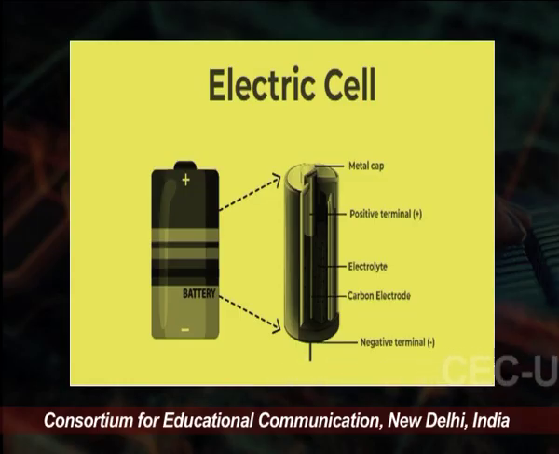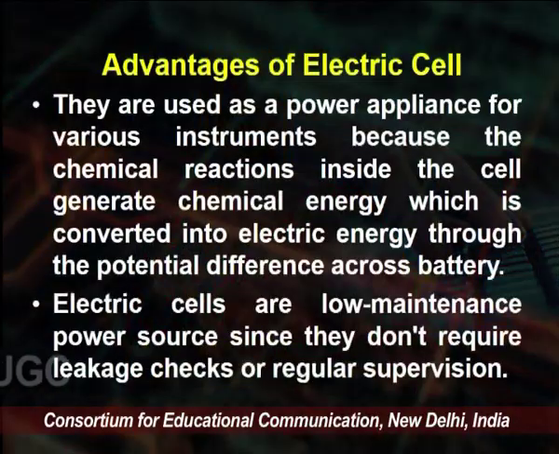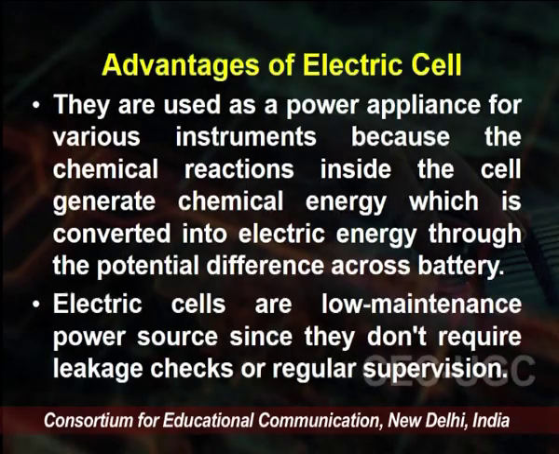Now, what are the advantages of the electric cell? They are used to power appliances and various instruments, because the chemical reaction inside the cell generates chemical energy, which is converted into electrical energy through the potential difference across the battery.